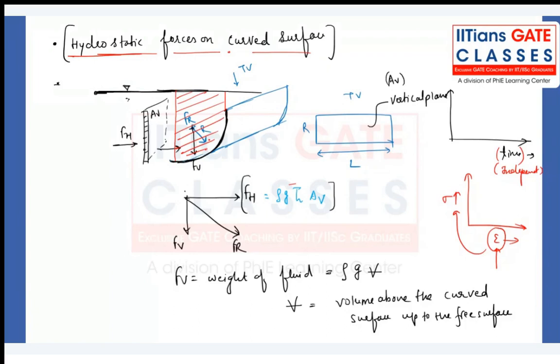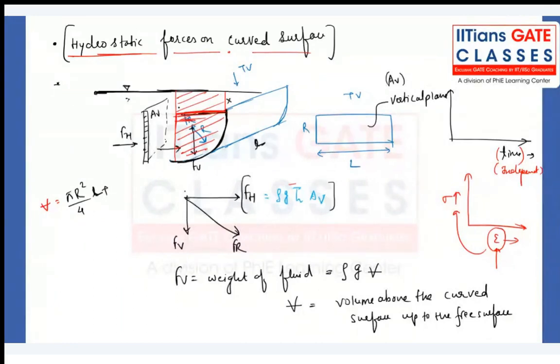So what will be my volume? In this particular case, if it is a circular one, a quarter circle, then the volume is pi r square by 4 into L, where capital L is the length of the cylinder, plus this particular volume. Let's say this is x.